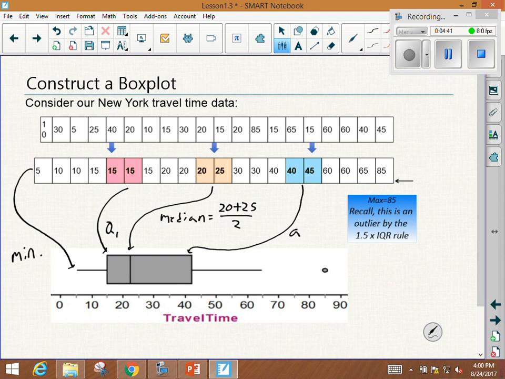We calculated quartile 3 in the same way, right? And then we have our max over here. And if you were to multiply 1.5 times the IQR, you would find that 85 is above 1.5 times our interquartile range, which makes it an outlier.